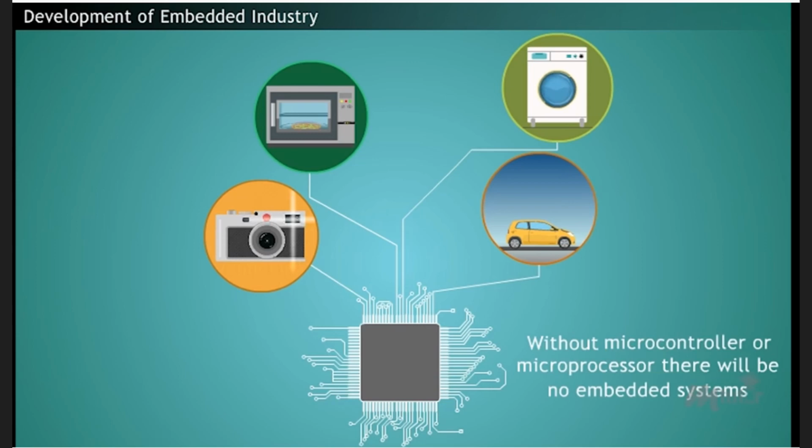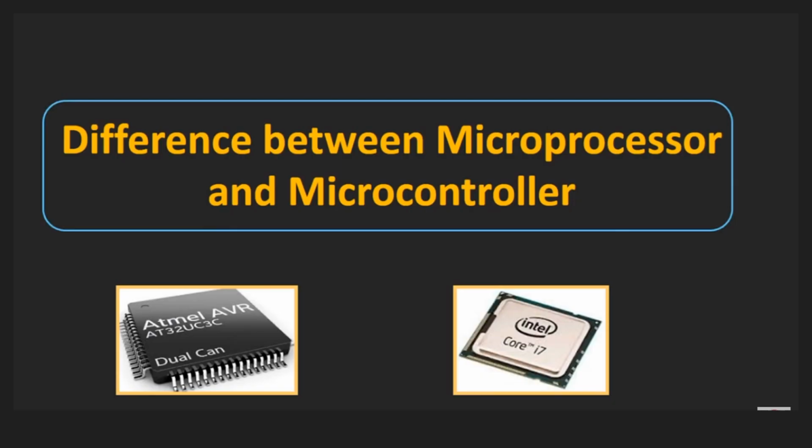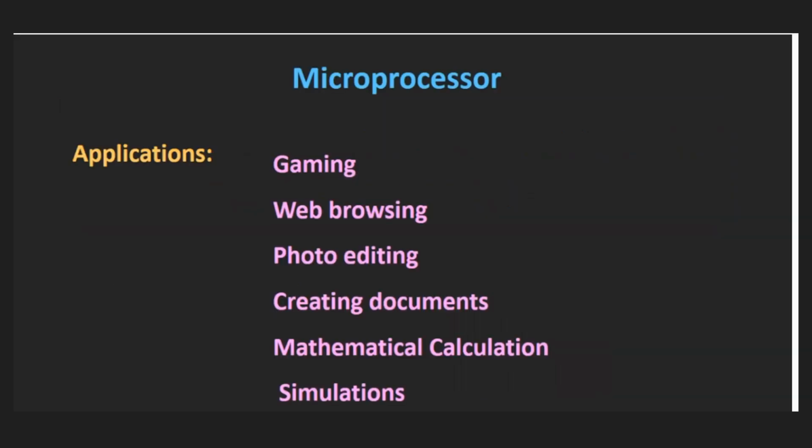First let us see what a microprocessor is and what a microcontroller is, and discuss the difference between the processor and controller. These are some example applications for the microprocessor: web browsing, photo editing, creating documents, mathematical calculation and simulations.